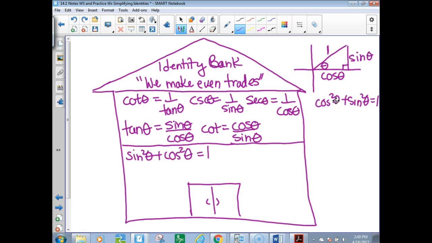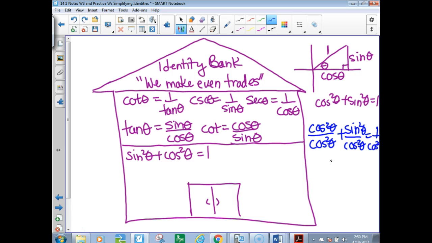So I'm going to manipulate this and get us a couple more Pythagorean identities. What if I took this and divided the whole thing by cosine squared theta? You don't have to write this part. Just watch. We're going to put these new identities in our bank in a moment. I'm just showing you where they come from.